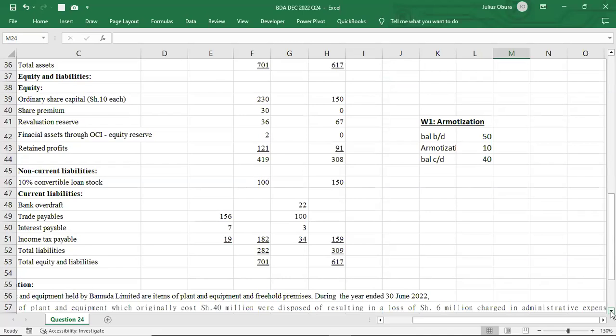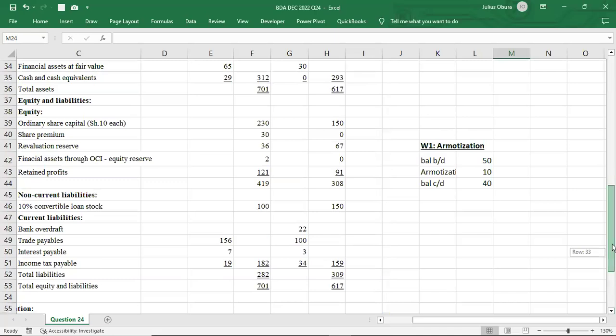So our liabilities increased, which means that we have a cash inflow. We have retained cash, we have not paid it. So we are going to put it as a positive.